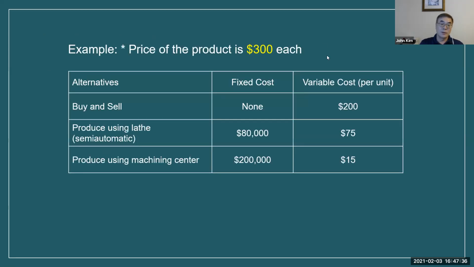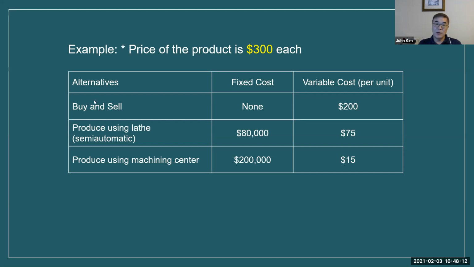Example, there are 3 options, alternatives. First, just buy and sell like a retail store. Buy at $200, sell at $300. So simply the margin or profit after the break-even point is 300 minus 200.